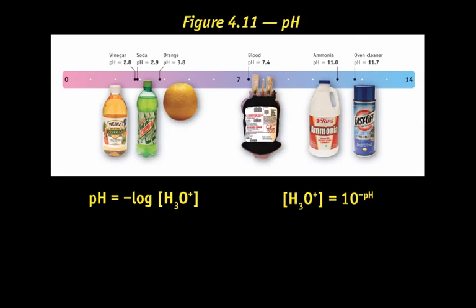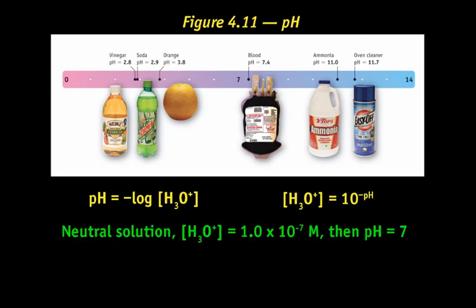One of the things that we find is that for a neutral solution, one that is neither acidic nor basic, the hydronium ion concentration at 25 degrees Celsius is 1 times 10 to the minus 7 moles per liter. And that means the pH of a neutral solution at that temperature is 7.